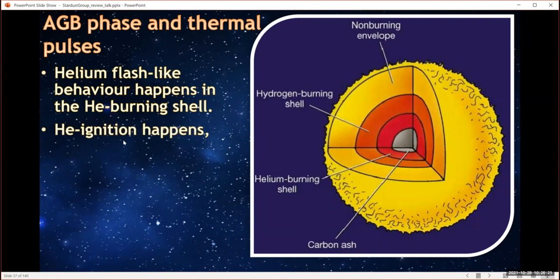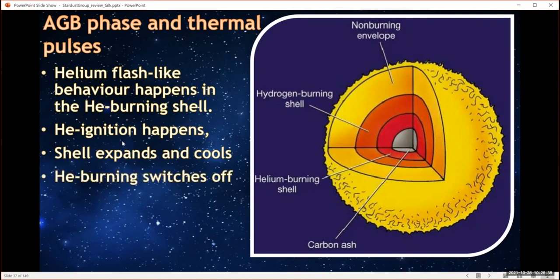Helium switches on and the shell expands, but in expanding, it's using energy and it cools down, and it can drop below the temperature needed to fuse helium. And so at that point, the helium fusion switches off, but now it doesn't have as much energy. And so gravity wins and the shell will contract. Helium burning switches off and the shell contracts. But in contracting, it's converting potential energy to kinetic energy, so it's heating up again.